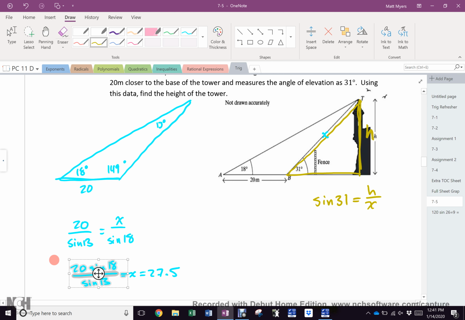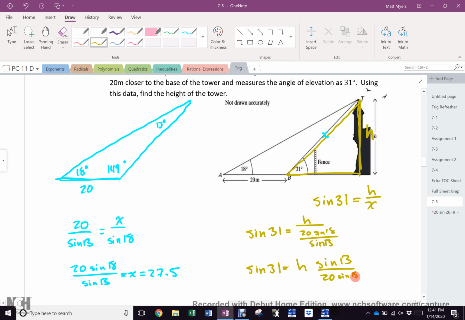It's this, right? So isn't sine 31 equal to H over 20 sine 18 over sine 13? Now, when I divide by a fraction, what do I really do? Multiply the reciprocal, right? So doesn't sine 31 equal H times sine 13 over 20 sine 18?